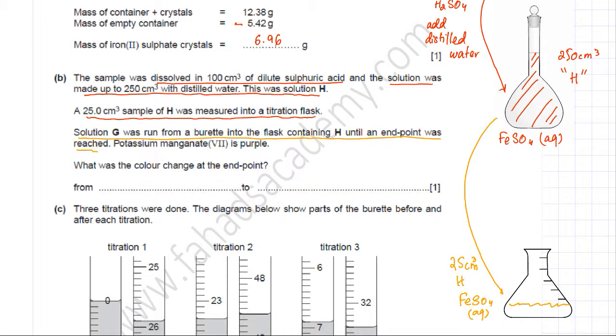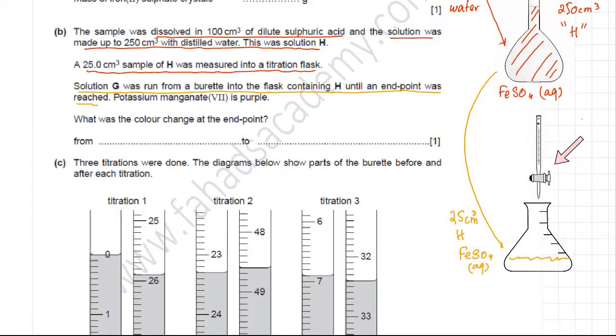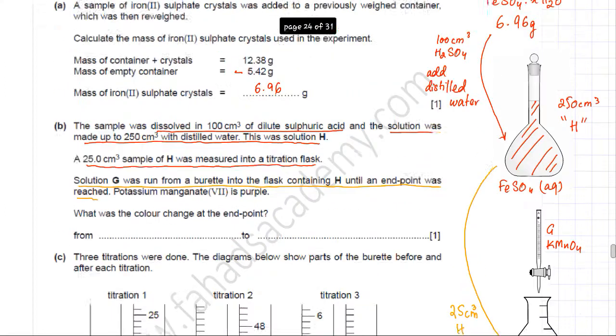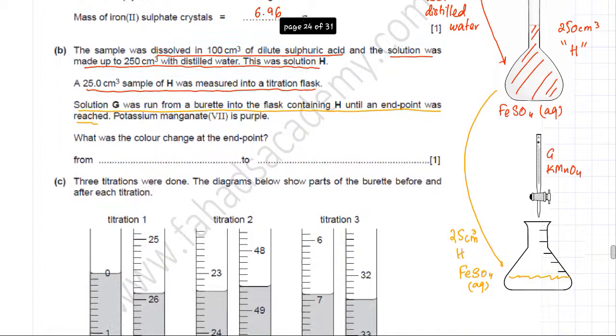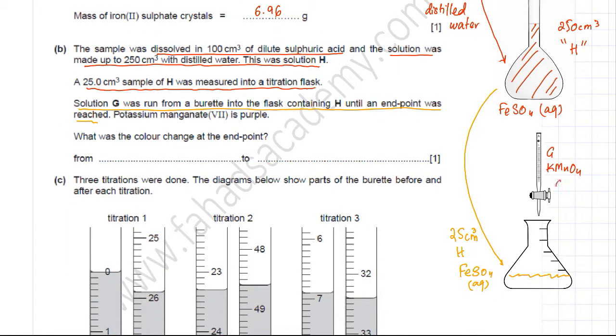So I now have to draw a burette, which is going to be filled with G. G is KMnO4, potassium manganate. Remember, the information about G was provided in the second line of the question, 0.02 mole per decimeter cube potassium manganate. So we're filling the burette with G, which has a concentration of 0.02 mole per decimeter cube.